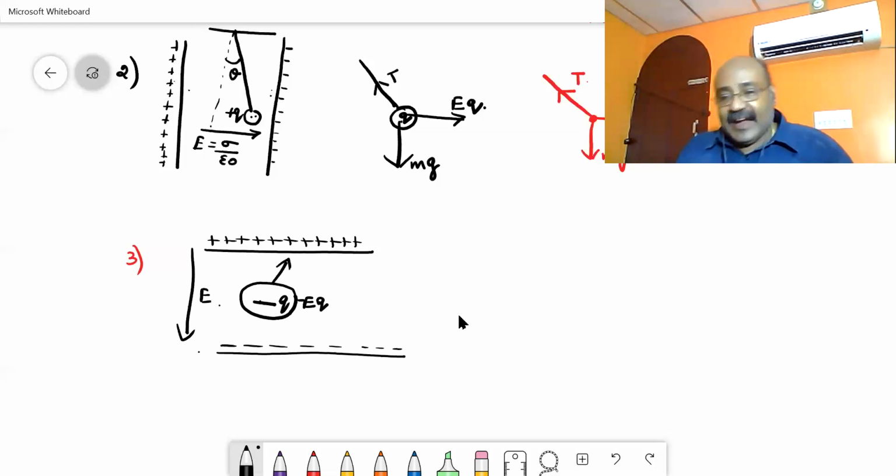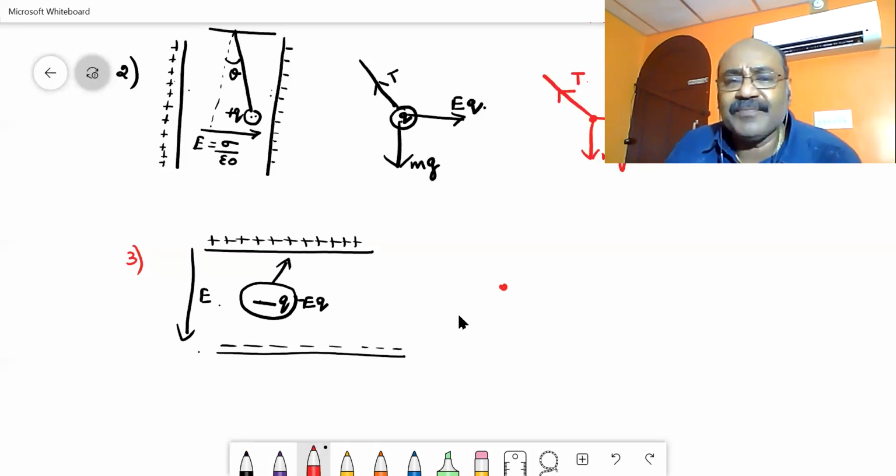If that is the case, how can you draw the free body diagram? The charge is considered to be a point mass. Initially, on this point mass, vertically down, you get the gravitational force mg acting.